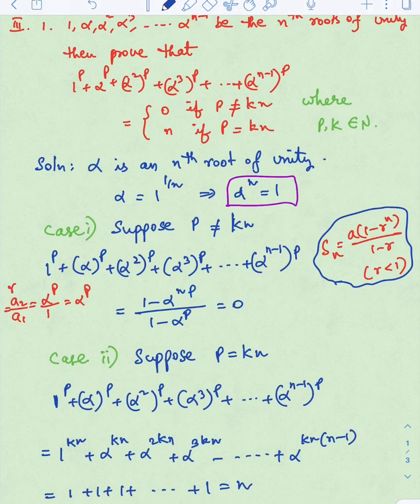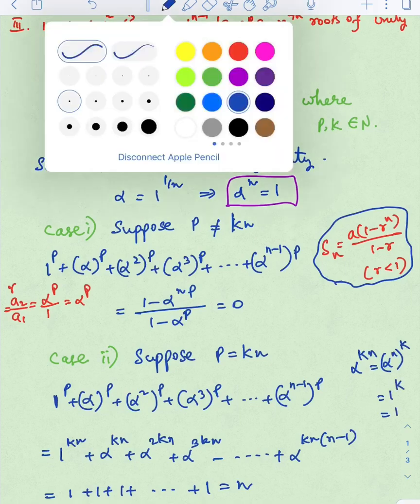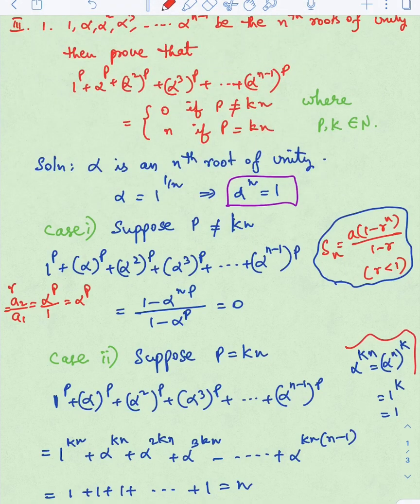Now coming to the next point, these are all nth roots. What is an nth root? Go and see, alpha. And in the box, what is taken? Alpha power n is 1. Put it in. That is, alpha power kn can be taken as alpha power n power k.